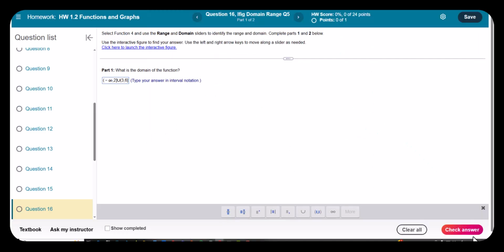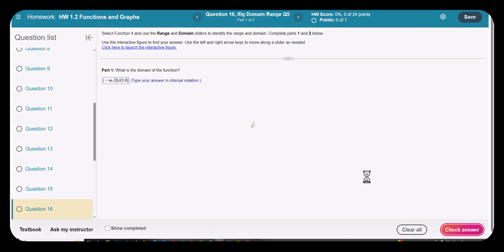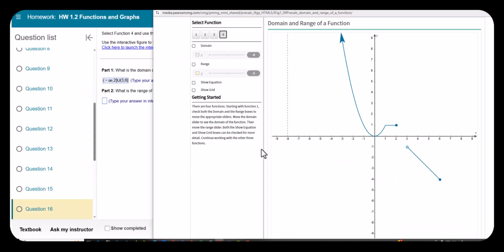All right, so now it wants to know the range, where the range is the y values, so these vertical values. So I can see that certainly it looks like it's going to go up forever, okay? And then it comes down, and it looks like it comes down to 0, and then it skips, and it goes to -1, but cannot equal -1, down to -4.